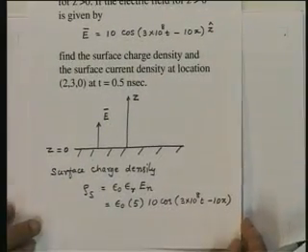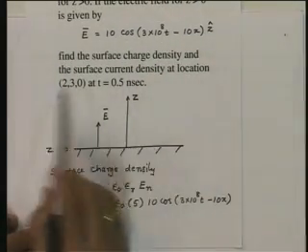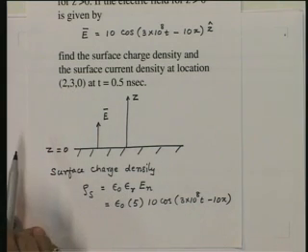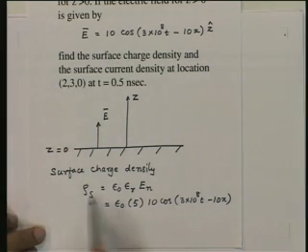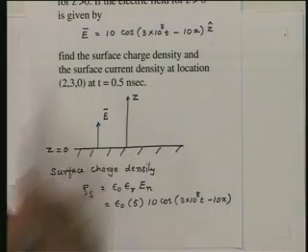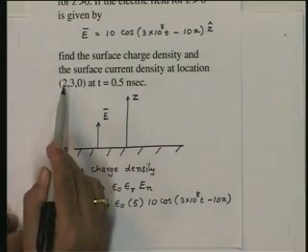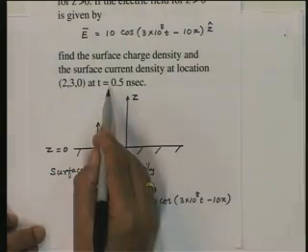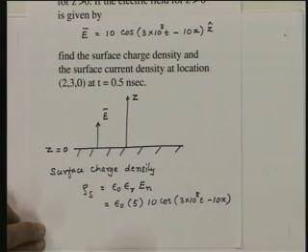So, if I substitute now the location which is 2, 3, 0, since this is not depending upon the y coordinate or the z coordinate, essentially the x coordinate which is 2 will play a role here. So, I can substitute x equal to 2 in this, and I can substitute t equal to 0.5 nanosecond.